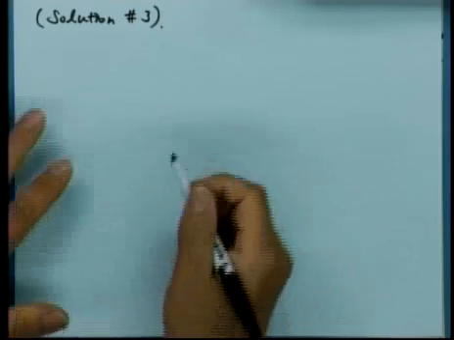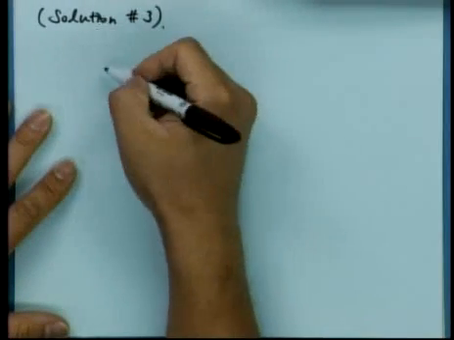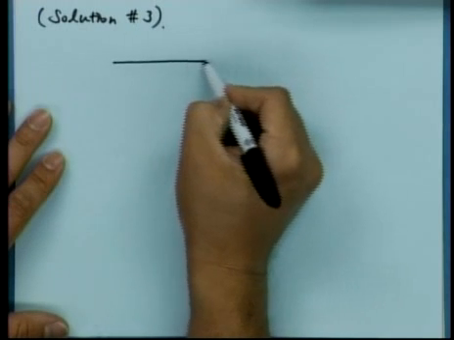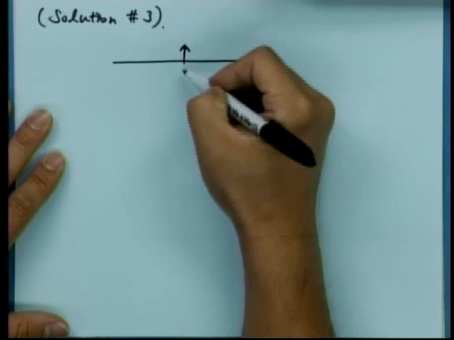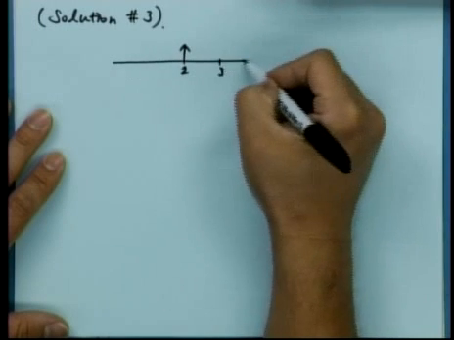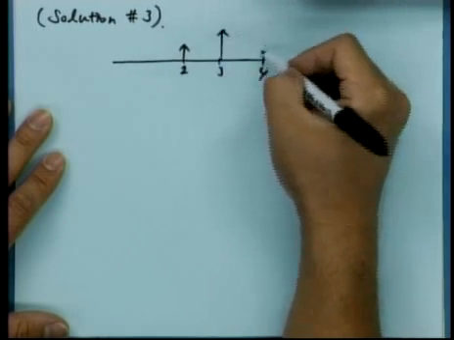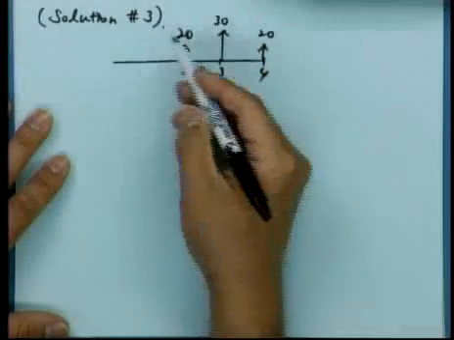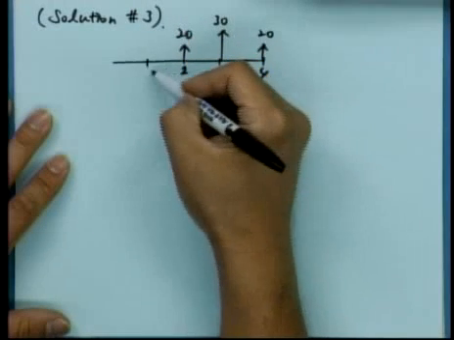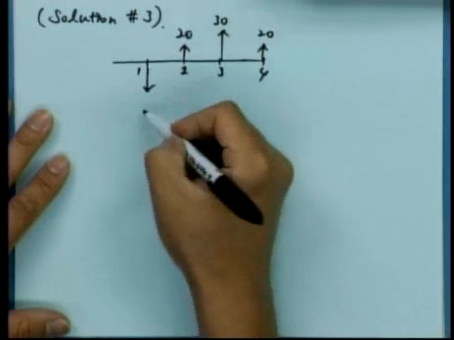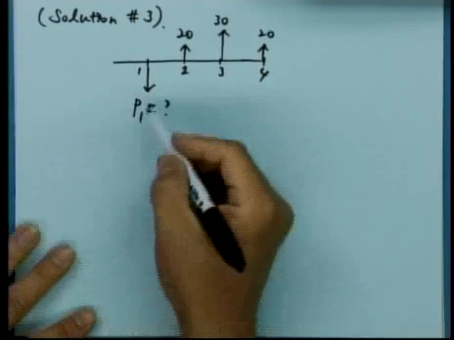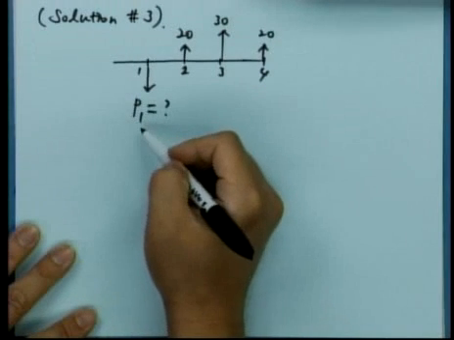So if you redraw the diagram, then what you are going to do is: periods 2, 3, and 4, with 20, 30, and 20, right? And let's say at the end of period 1, we have a present sum, which is P sub 1. So let's try to get this P1 value first.